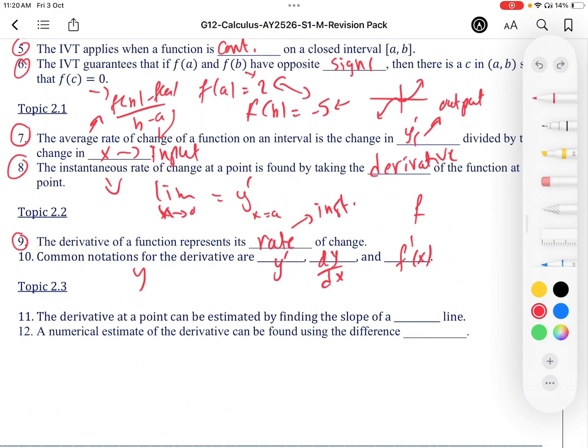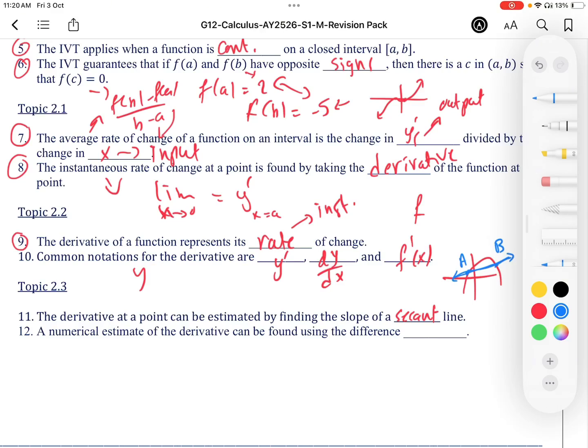Number 11, the derivative at a point can be estimated by finding the slope of the secant line. What does it mean? As we mentioned, if you have any graph and you take these 2 points, then the average rate of change is the slope of the line passing through these 2 points, which we generally call the secant.